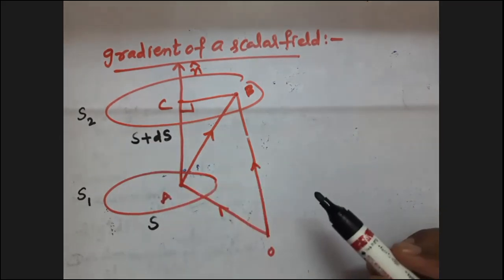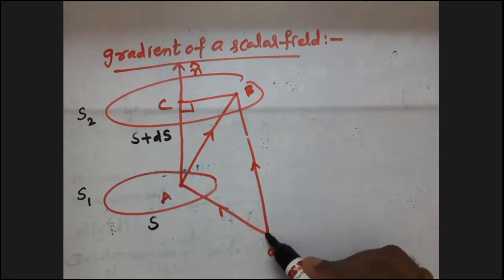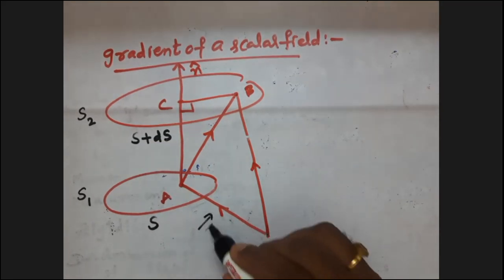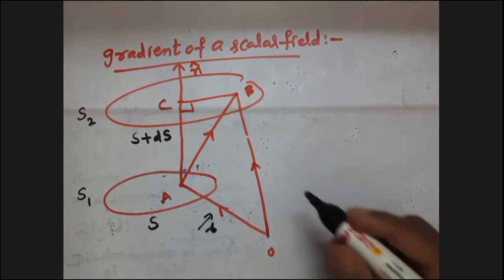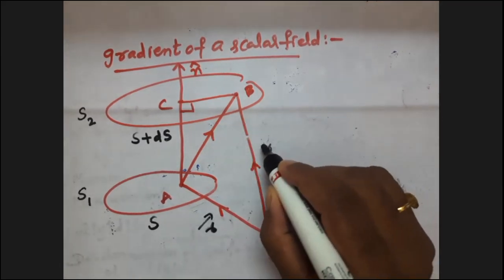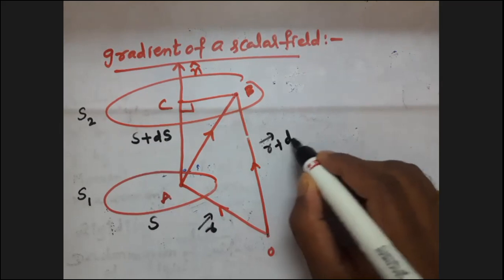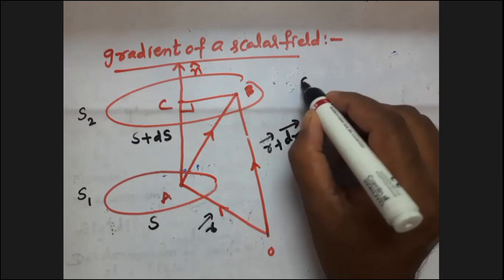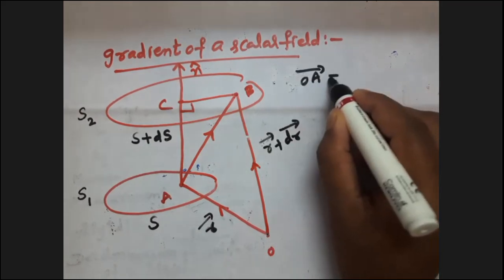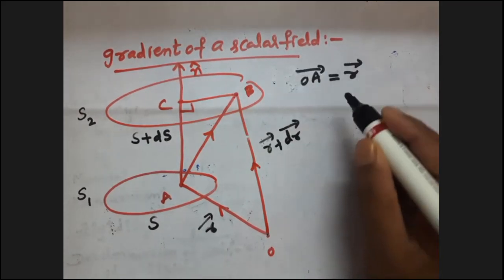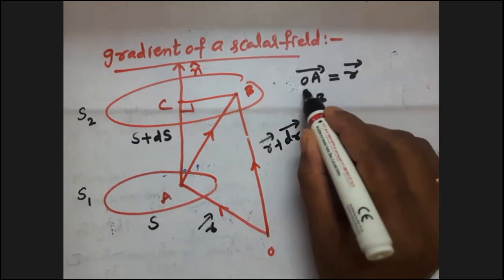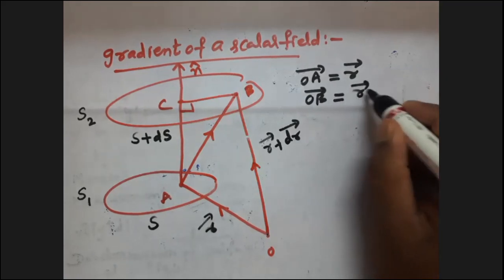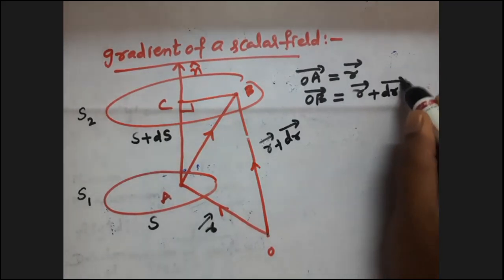With respect to the origin, the position vector of A, I am writing as R bar. The position vector of B is R bar plus dr bar. So OA bar equals R bar, and OB bar equals R bar plus dr bar.